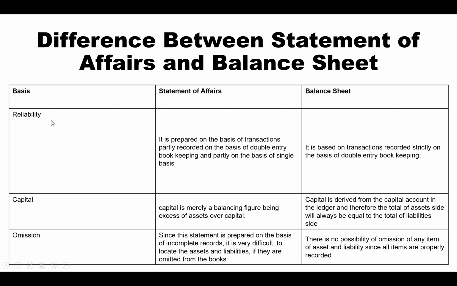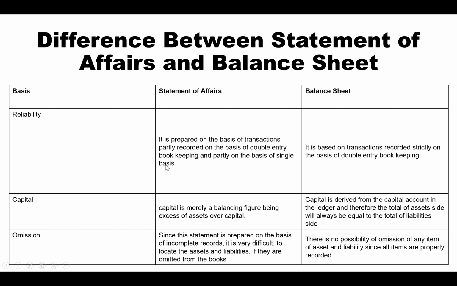On the basis of reliability, the statement of affairs is prepared on the basis of transactions partly recorded on the basis of double entry bookkeeping and partly on the basis of single entry. And the balance sheet is based on transactions recorded strictly on the basis of double entry bookkeeping. So those are the differences on reliability.